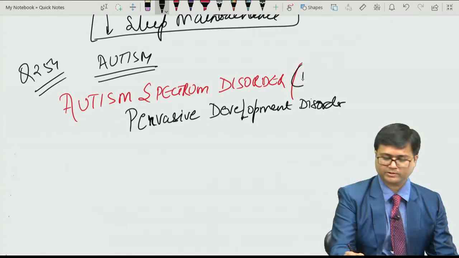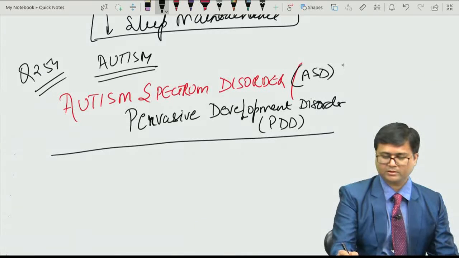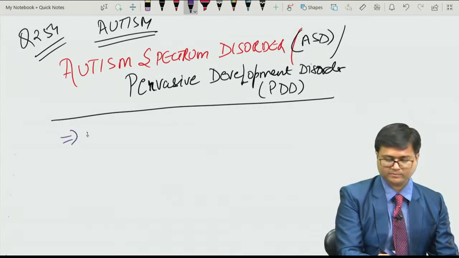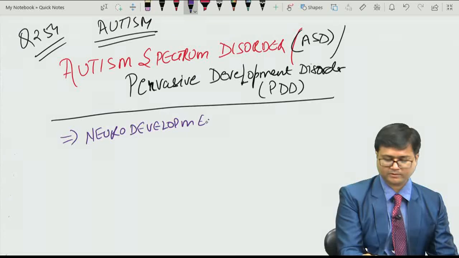So also known as ASD, autism spectrum disorder, or pervasive developmental disorder. These are a group of neurodevelopmental disorders.